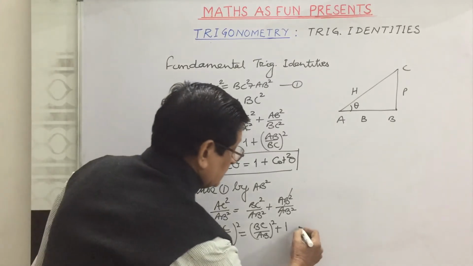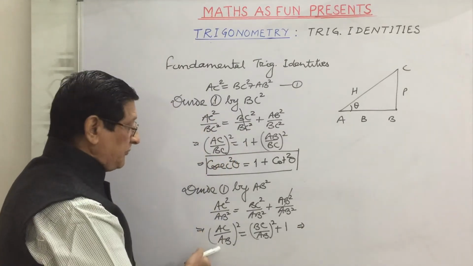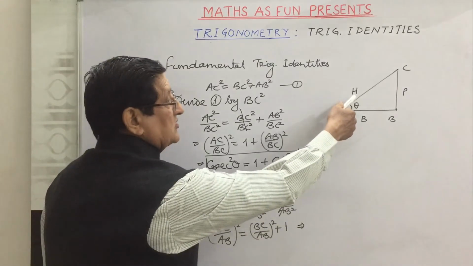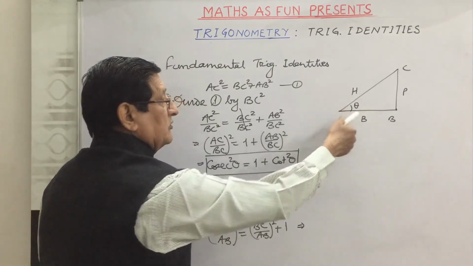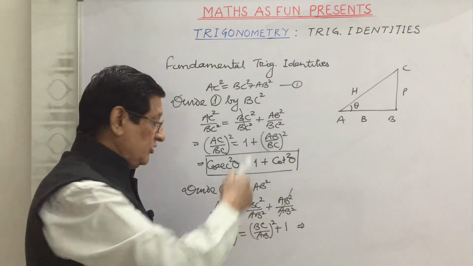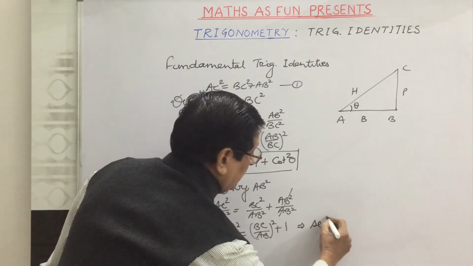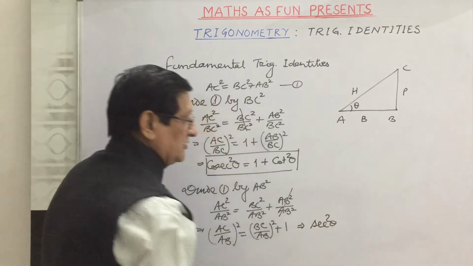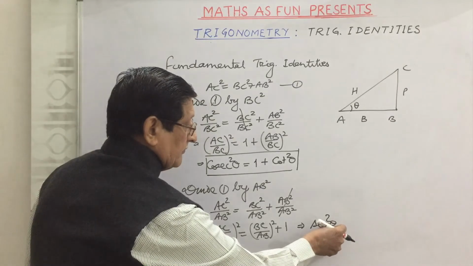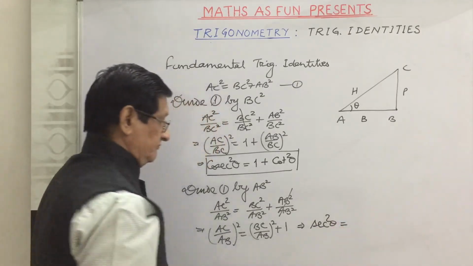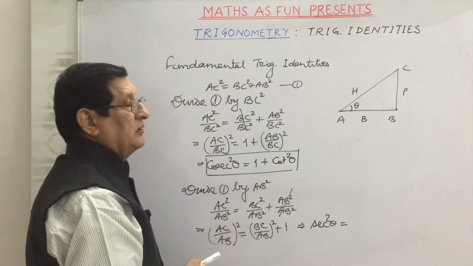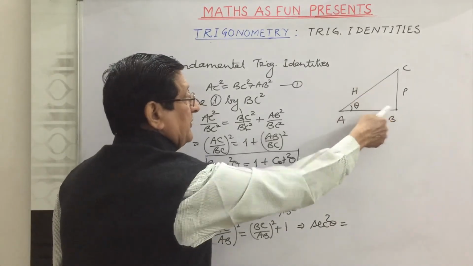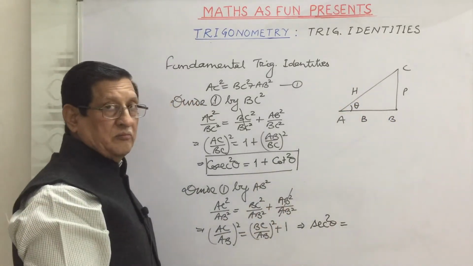What we get from this? AC upon AB, hypotenuse upon base, and we know hypotenuse upon base is sec theta. So this becomes sec square theta equal to BC upon AB whole square plus 1. BC is perpendicular, AB is base.